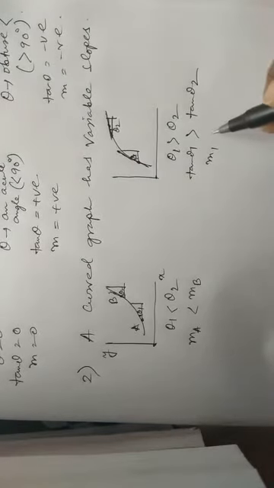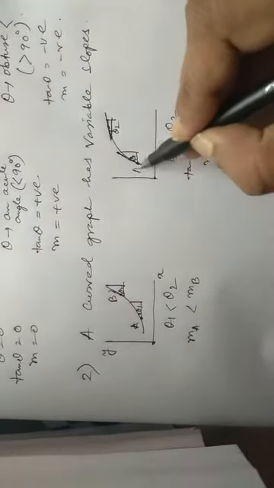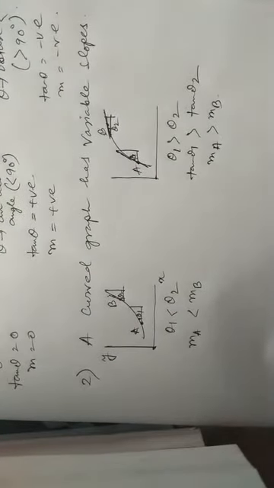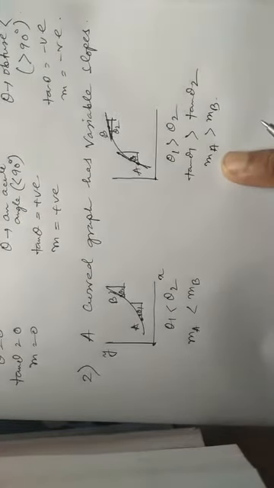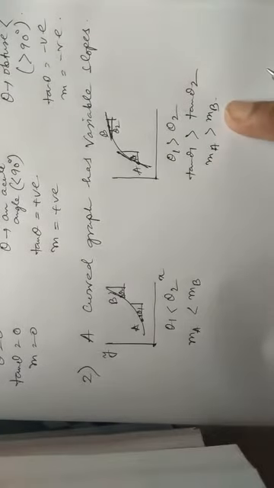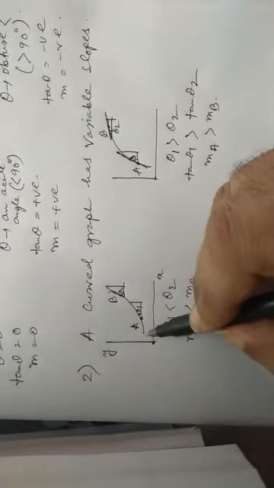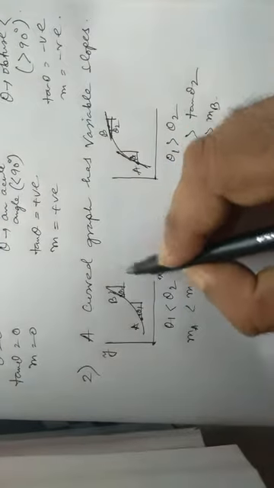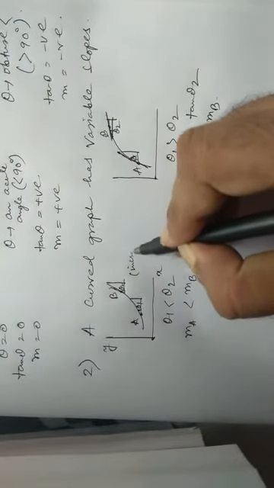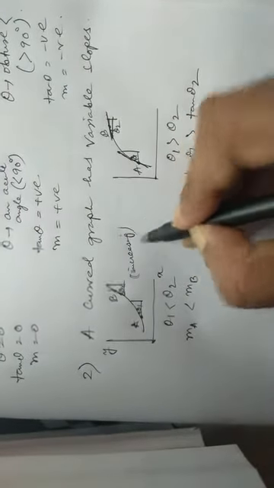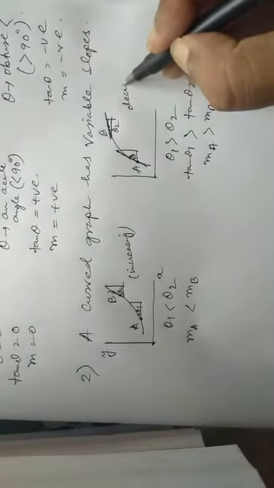That means at this point A, this point B, the slope at point A is greater than the slope at point B. This is an upward graph, or rather increasing graph. This is a decreasing graph.